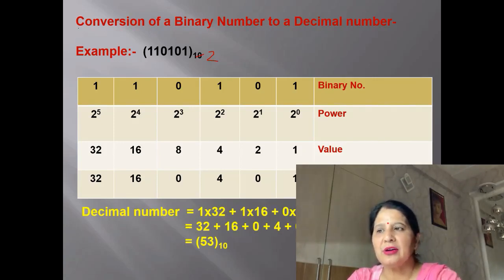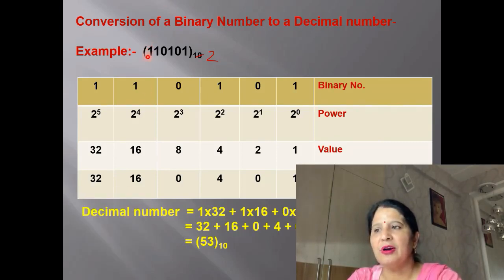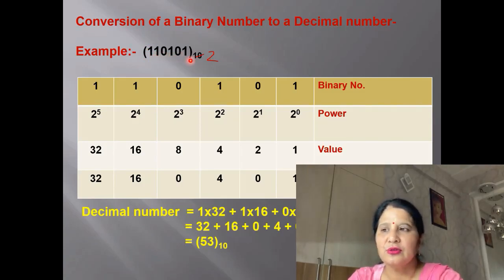First we will count how many columns we need to write. There are 6 digits, so we will draw a table with 6 columns: 1 2 3 4 5 6.